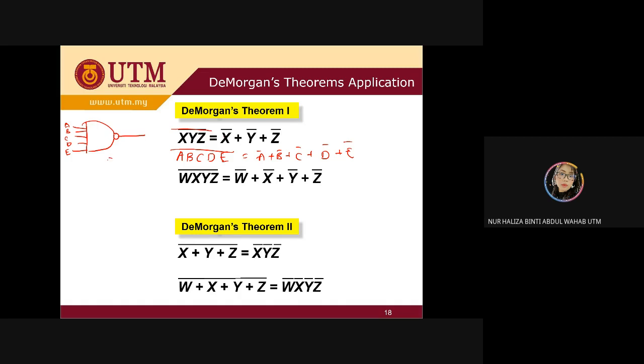After that, it is equivalent to, I nak tunjukkan dia punya NOT so then you can see it clearly. 1, 2, 3, 4, 5. Besarnya.